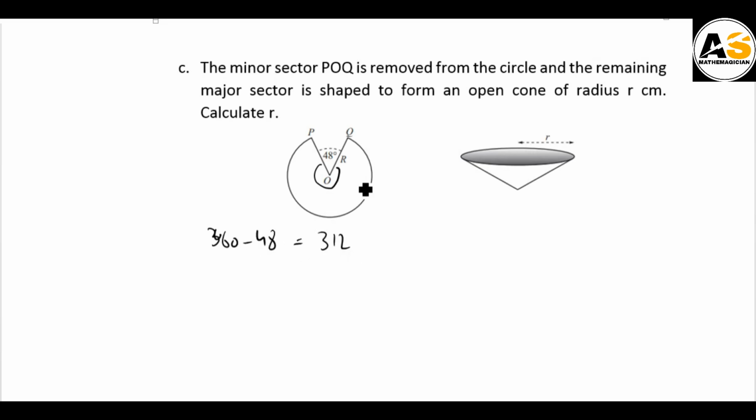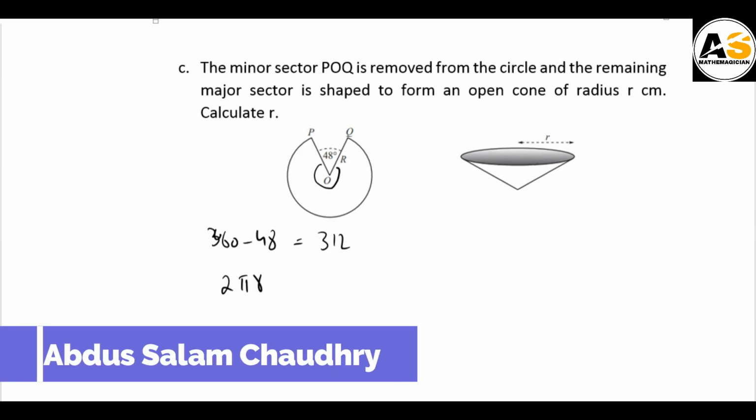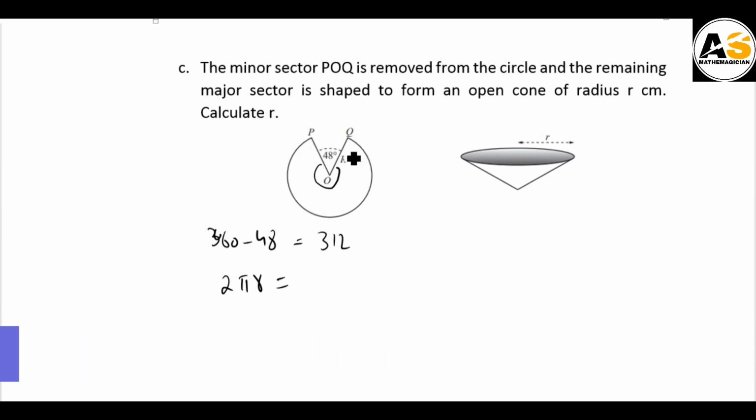Now look at this. The circumference of the top of the cone is basically the length of the major arc. Circumference is 2 pi r. 2 pi r is equal to the length of this major arc, 312 over 360 into 2 into pi into R, which we calculated in the first part, 23.8732.